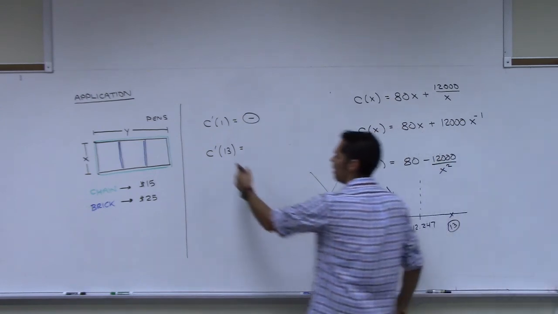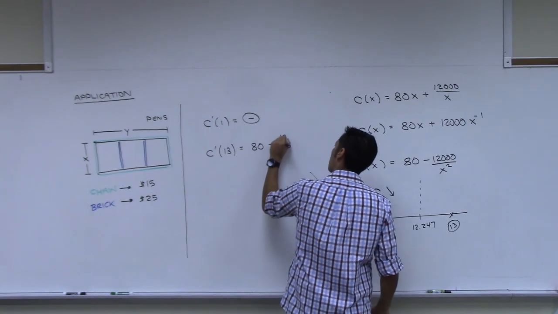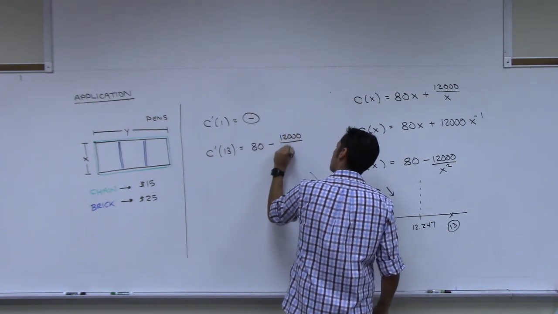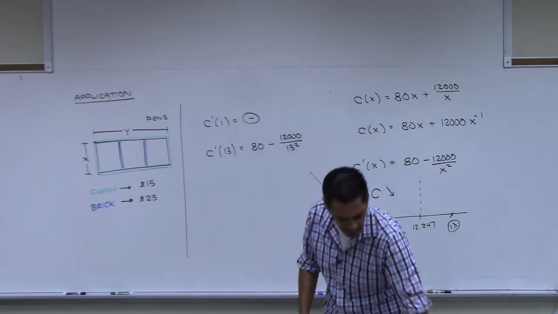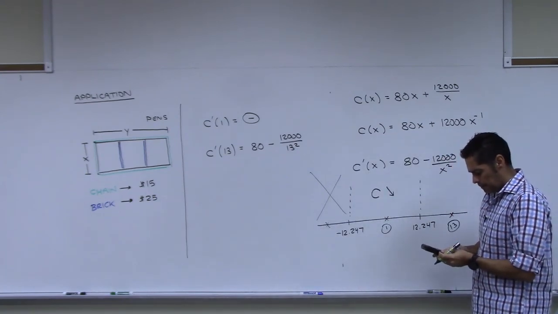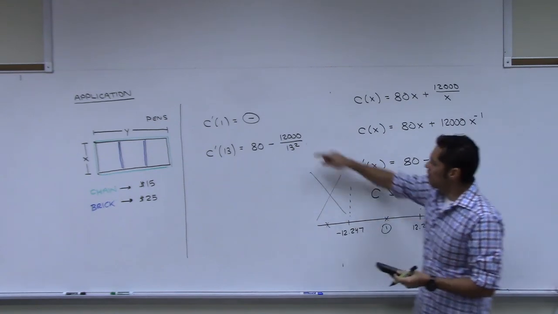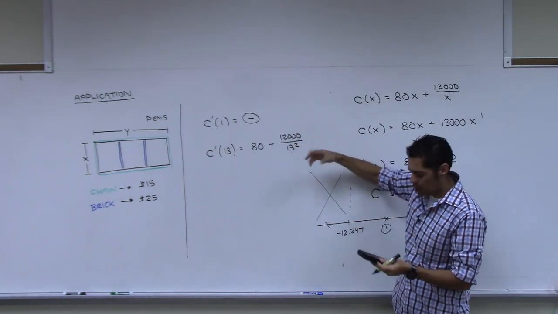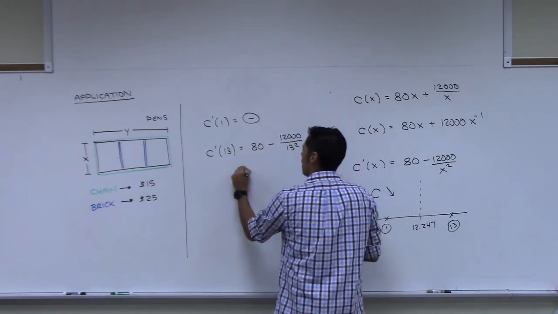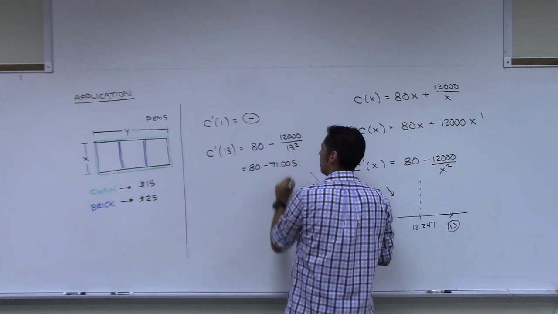Okay, so if I plug in 13, this is going to be a little bit more work. We have to do 12,000 over 13 squared, so we square that on our calculator. When I do this divided by this, I get 80 minus 71.005, something like that.